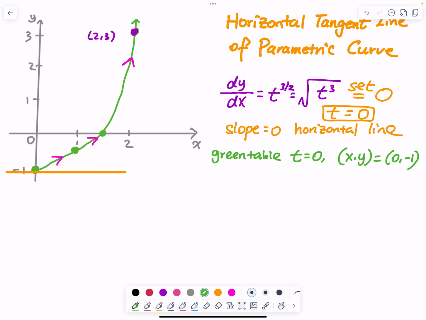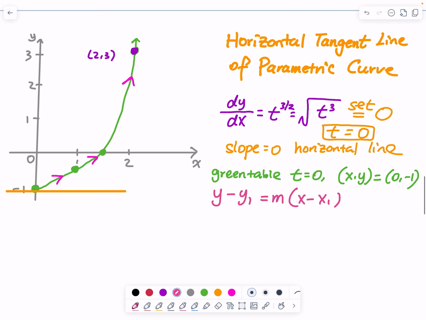Okay, I got a slope, I got a point, and then I will use the point slope form, y minus y1 equals m times x minus x1. Okay, and then we plug in y minus -1.